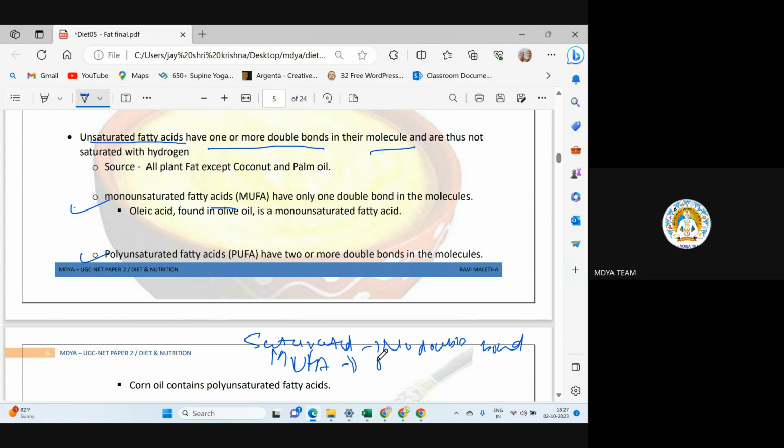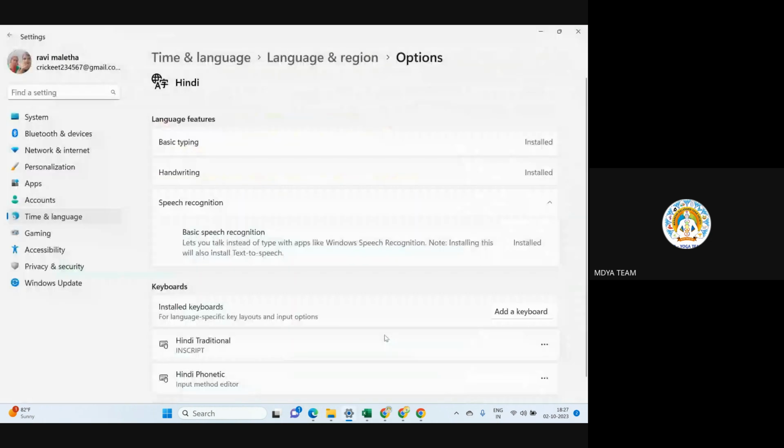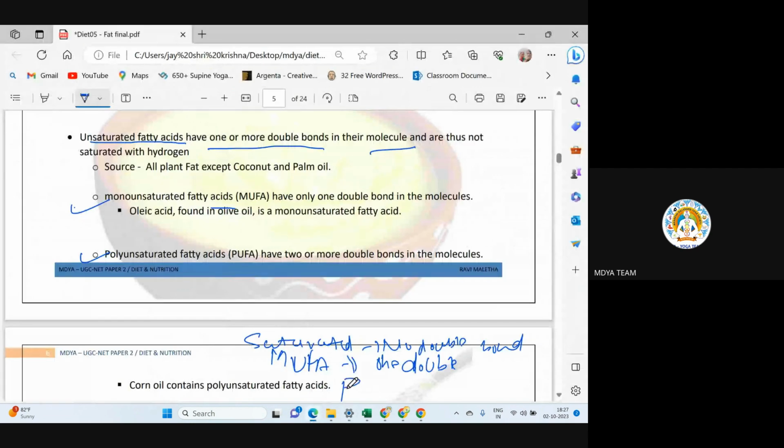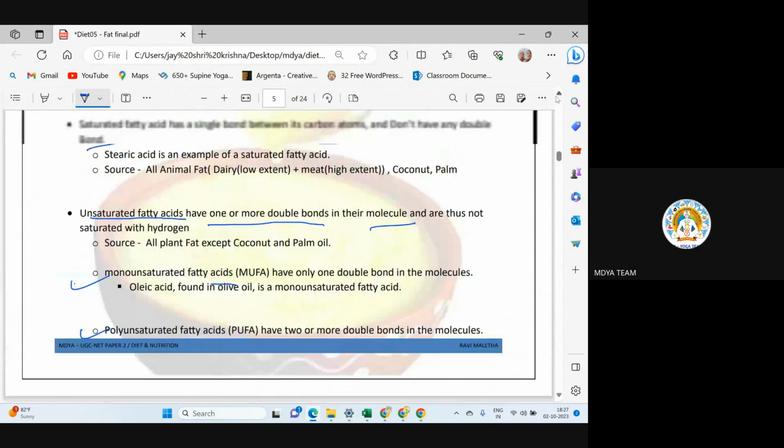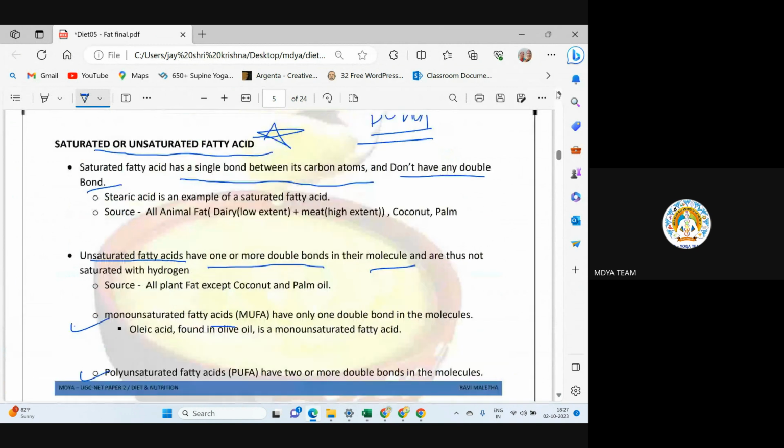One double bond. And if this is polyunsaturated fatty acid, then how many double bonds? Many. Is anyone having doubt in this?